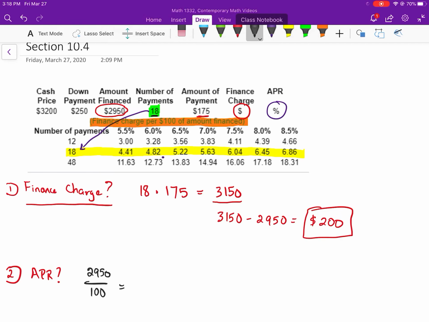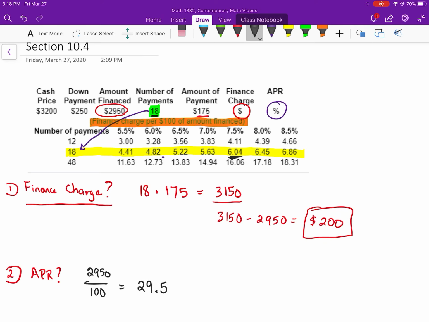So I need to make sure that I calculate how many times I need to multiply this charge that's in the table. Because again, this charge, for example 7.5% here, this $6.04 is only for $100. He or she happens to be borrowing $2,950.